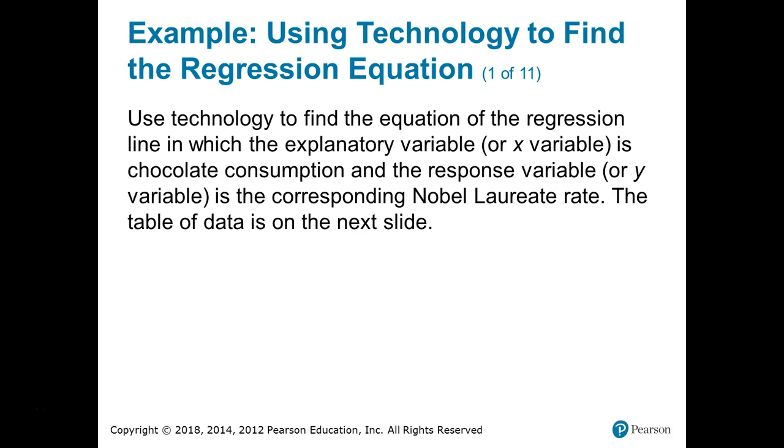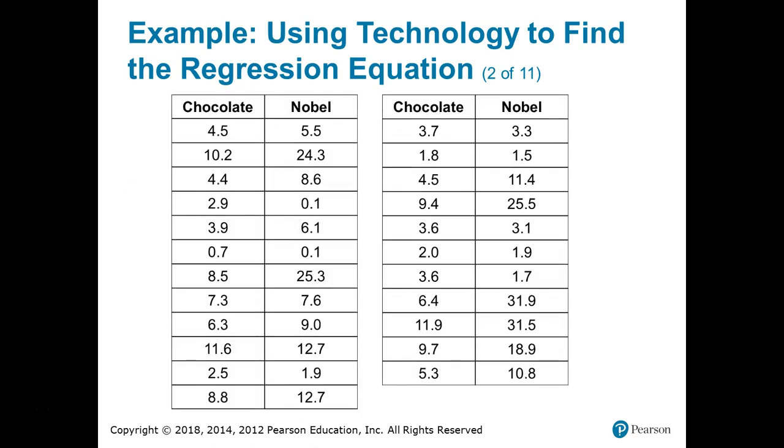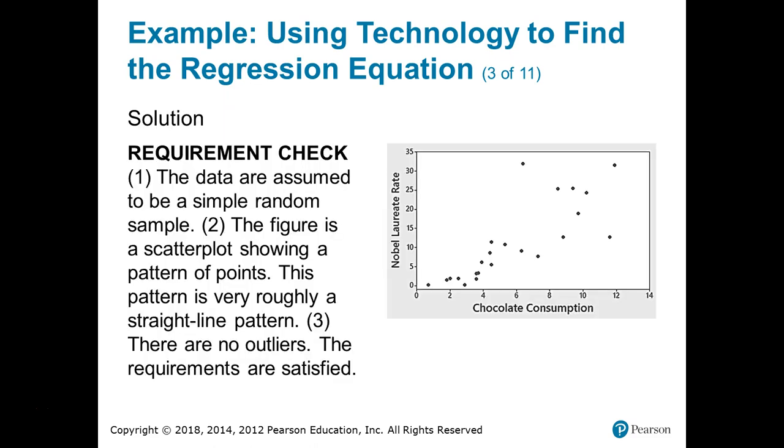So let's now do an example. Use technology to find the regression equation. We are going to use the same example as last section. We have those 23 data points showing chocolate consumption versus Nobel Prizes.